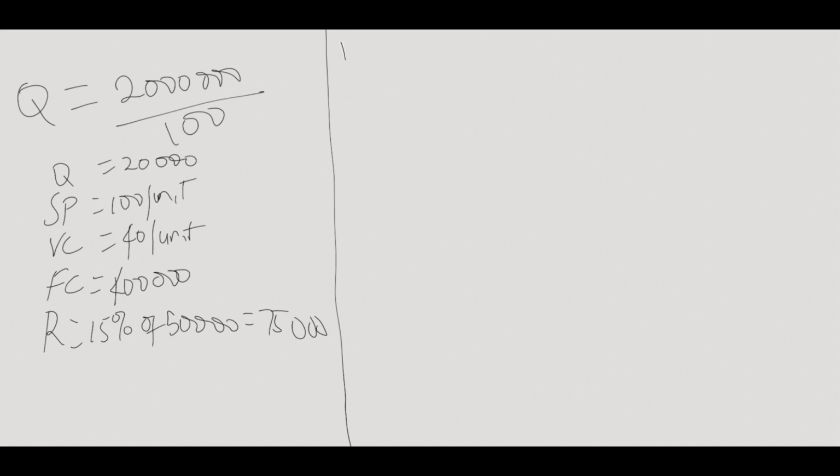So the first question that we're asked to solve is the break-even point. The formula for calculating break-even point is fixed cost over selling price minus variable cost. That's fixed cost over margin, right?